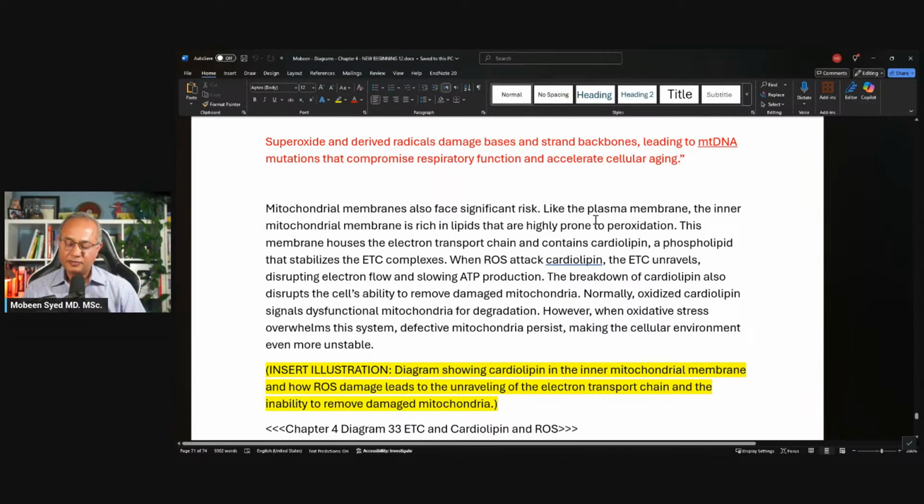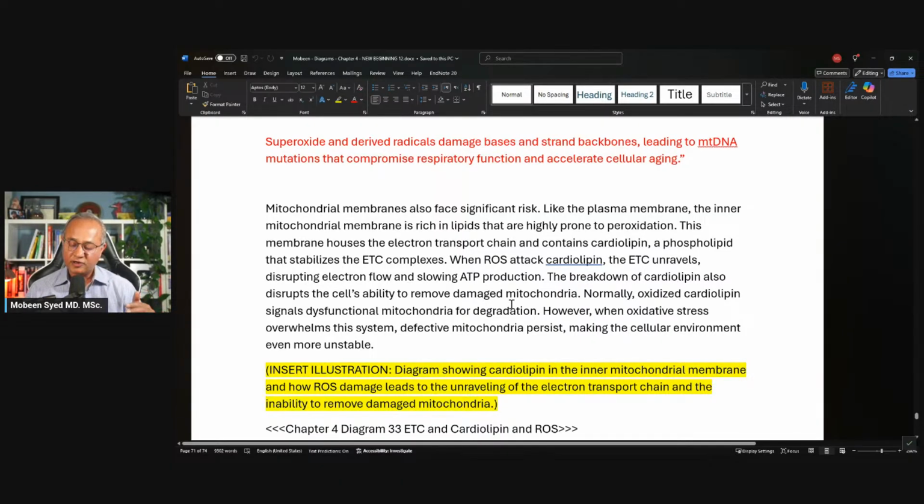Like the plasma membrane, the inner mitochondrial membrane is rich in lipids that are highly prone to peroxidation. Lipid peroxidation is the radicalization of lipids. This membrane houses the electron transport chain and contains cardiolipin, a phospholipid that stabilizes the electron transport chain complexes. When ROS attacks cardiolipin, the electron transport chain unravels, disrupting electron flow and slowing ATP production.